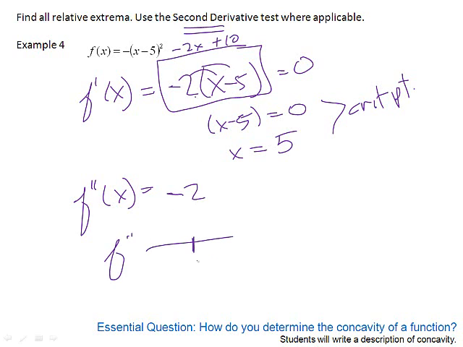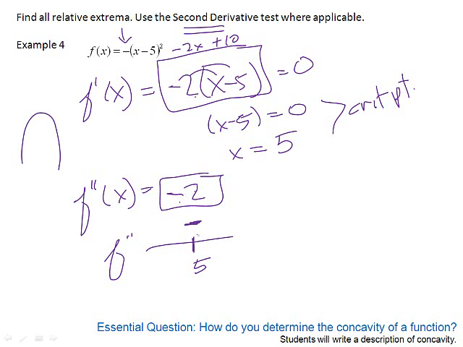Okay, I know my critical point is 5. And I have to plug into here. No matter what I do to plug in that 5, I'm always going to be what? Negative. Think about that. That's concavity too, isn't it? Isn't this an upside down parabola? Yeah, so shouldn't it always be concave down?